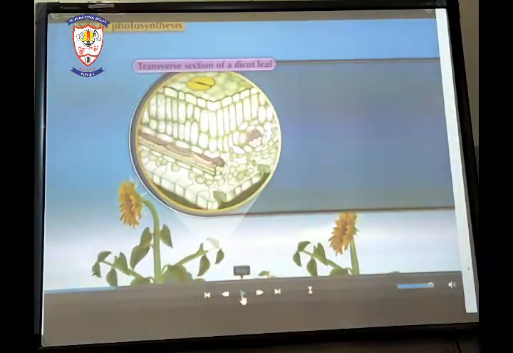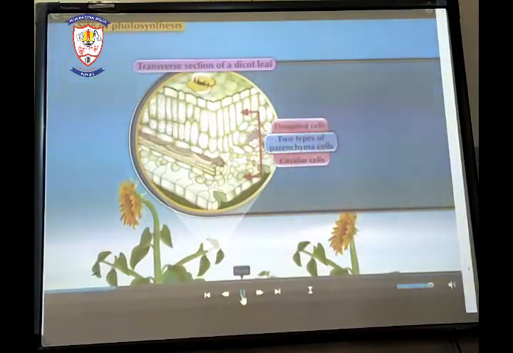If we take an example, you may say a microscopic slide of the transverse section of a dicot leaf, we can see two types of parenchyma cells, elongated cells and circular cells.